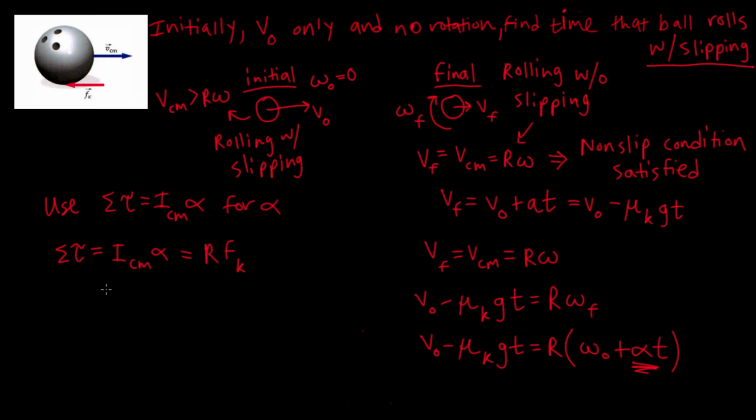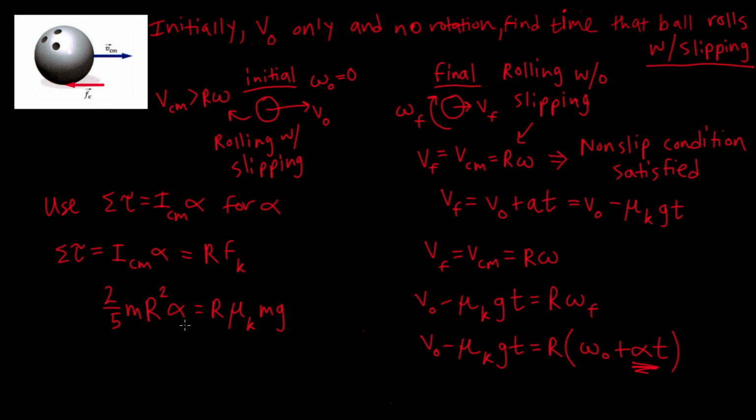Now, if you look on any formula sheet for physics, the moment of inertia of a sphere about its center of mass is just 2/5 mr squared, times its angular acceleration, and that's equal to r times the formula for the force of kinetic friction, which is the coefficient of kinetic friction times the normal force, which is just mg.